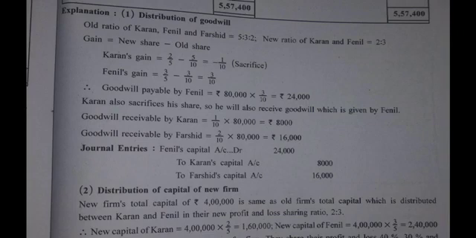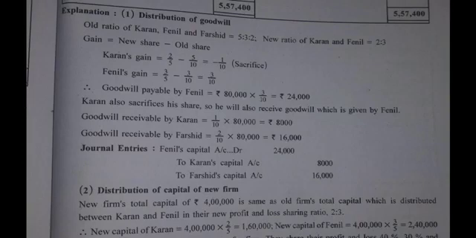We have only totaled the capital account of Farshid so far. And just because there is an adjustment related to the balances of capital of remaining 2 partners, we have not totaled those accounts.